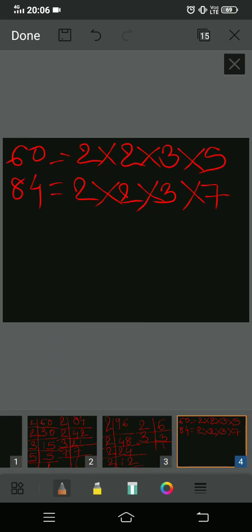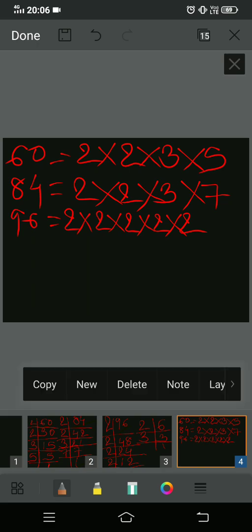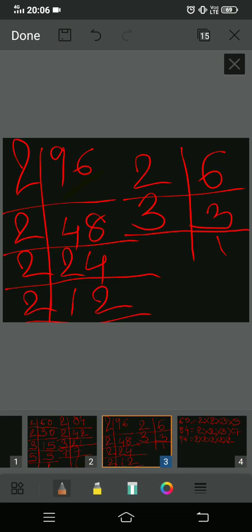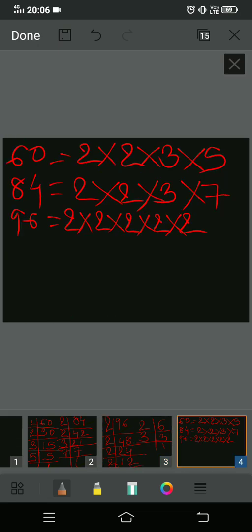We will write here 96 is equal to 5 times 2, you will write 1 2 3 4 5, multiplied by what was the next number? 3. Okay, so next number was 3. 5 times 2 and then multiplied by 3.